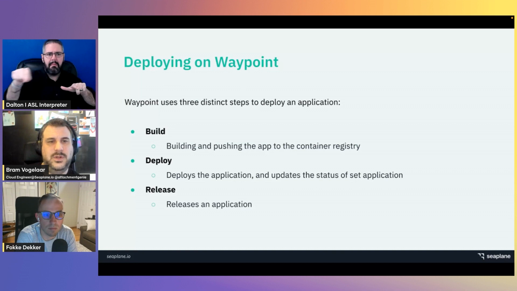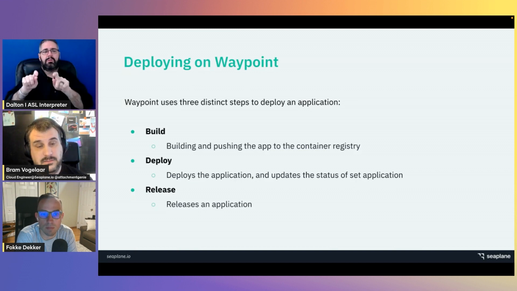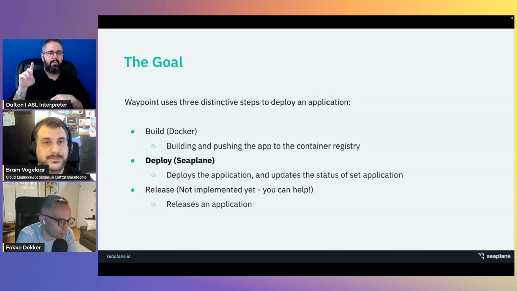Waypoint has a simple, basic 3-step to get your deploy in front of customers. There's a build step where we're going to build our container and push it to registry, deploy, in this case it goes out to us, and then the release of the application. So you can potentially do things like blue-green or canary releases, or you flip a load balancer onto the new deploy.